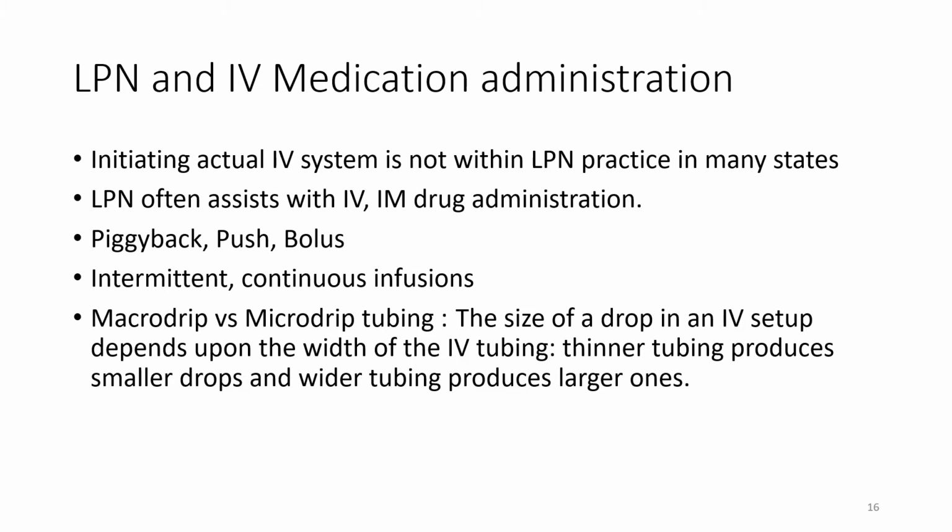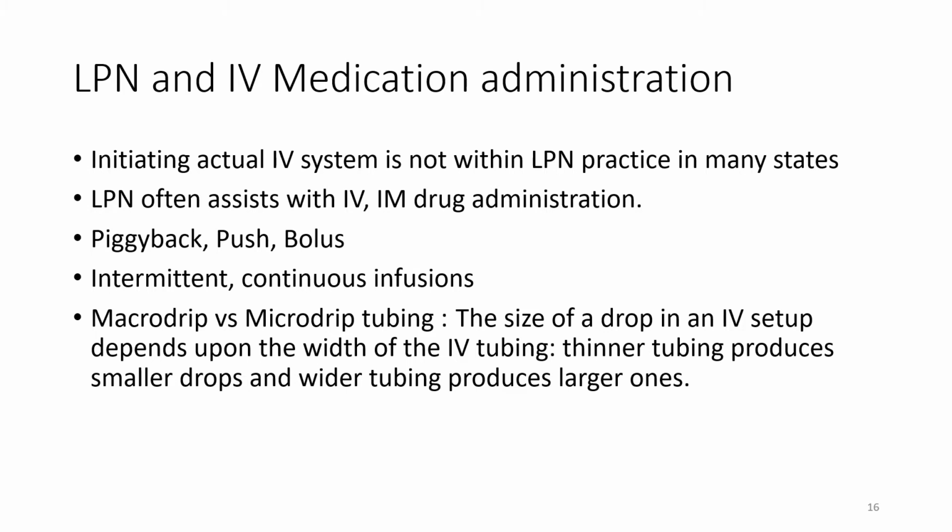Now, when you're looking at your micro drip, if you can visualize it, it's very, very small, but you have 60 drops that flow out. Those teeny tiny drops are not going to equal 20 drops in your macro drip. So if you want to infuse something quickly to a patient, you want to use your macro drip.